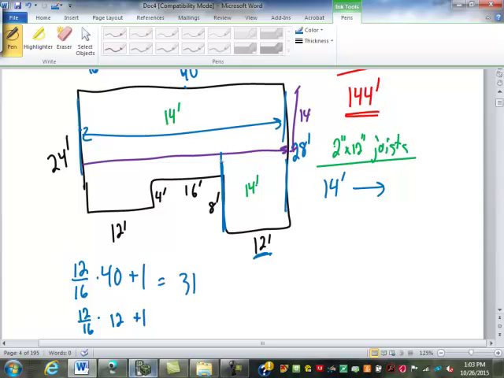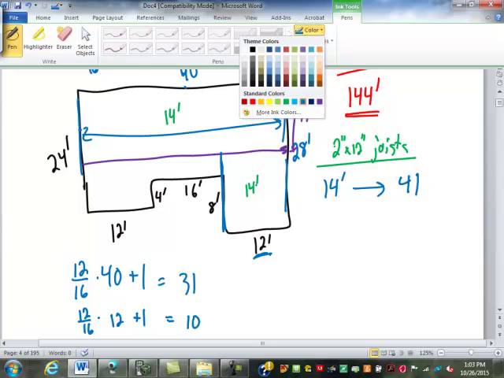So it'll be off a little bit here. Just when you do your plywood, you either have to put a piece on the side of it to do your seam or adjust your plywood length so that it seams in the center of the joist. So either way, 12 sixteenths times 12 plus 1 is 10. So 31 plus 10 gives us 41 of the 14-foot joists.